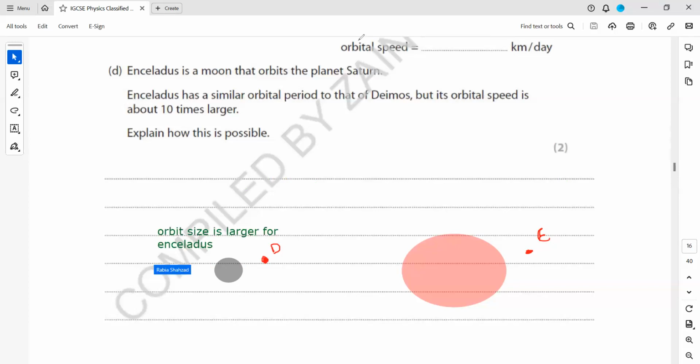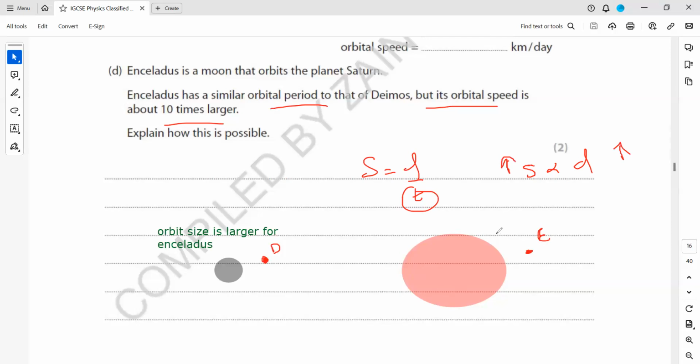It is similar, but its orbital speed is 10 times larger. That's right, because we have the formula speed is distance over time. So if the time is constant, speed and distance are directly proportional. Because they have the same orbital time, if the speed is increasing, the distance from the center is also increasing.